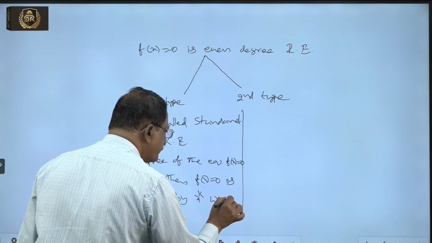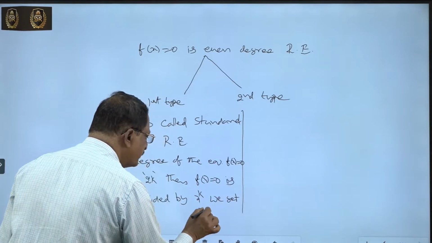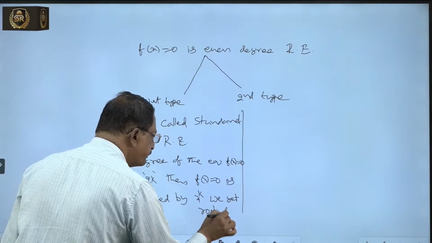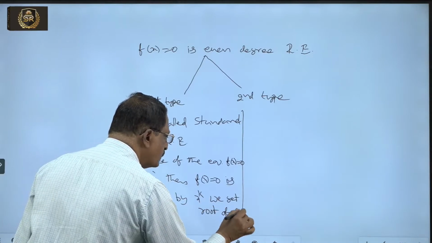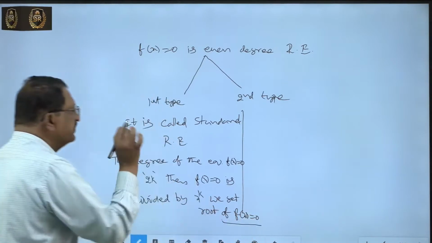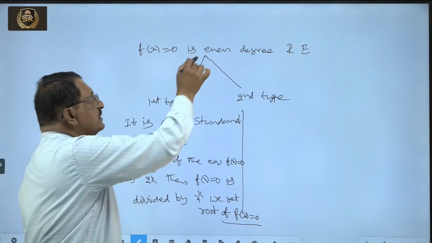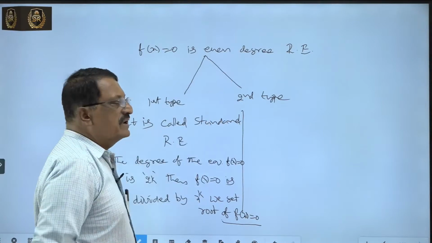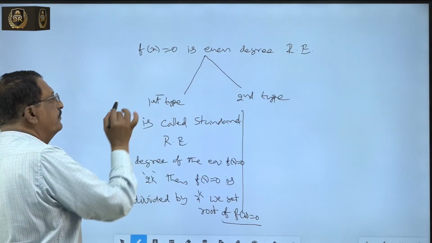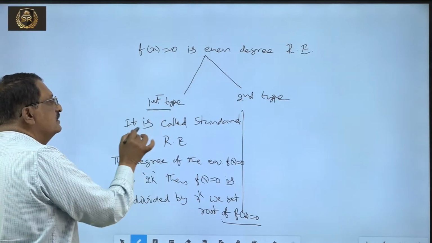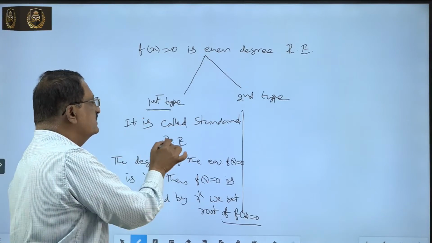We get the roots of f of x equals 0. Here f of x equals 0 is an even degree reciprocal equation of first type, then it is also called a standard reciprocal equation.